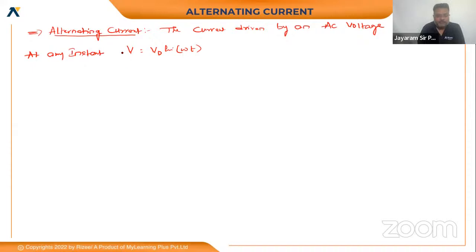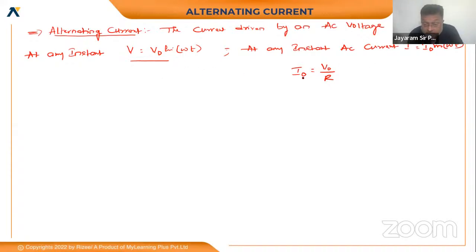Similarly, at any instant, the AC current can be written as I is equal to I naught sine of omega t. Here I naught is the peak value of the current, equal to V naught by R, where V naught is the peak value of the voltage.